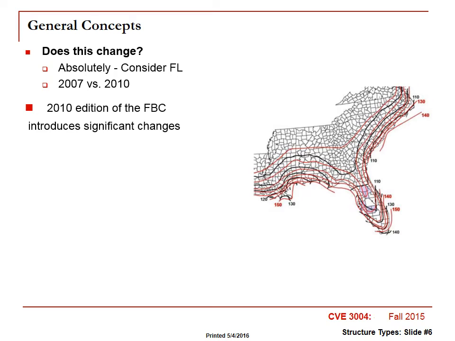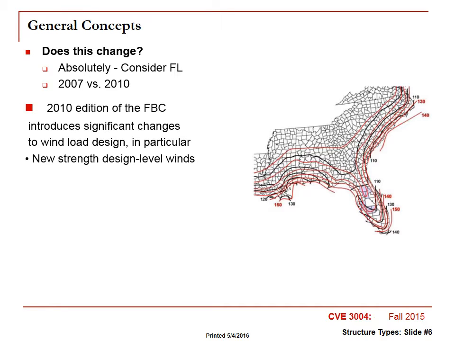But anyway, what I'm showing you here is a little slide that just has to do with wind loads, wind speeds down in Florida. So I just want to show you what happened in 3 years, from 2007 to 2010. And basically what you see there in red is the 2010 derivation of the Florida Building Code and the wind speeds.